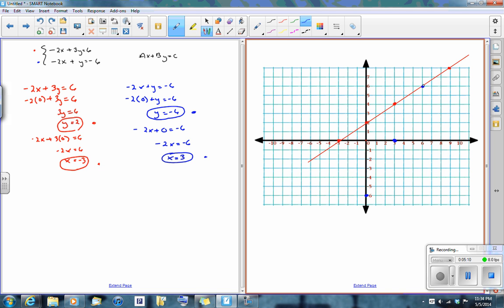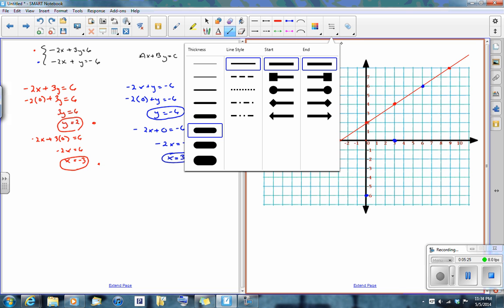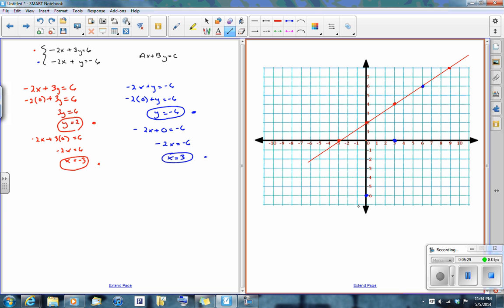Actually, we found the intersection point by doing that, and I can't proceed again because I'll go off this grid. But I've got all the points I need, and I also happen to have found the intersection point, which is the solution to this system of equations. So just go back, put this line in now.